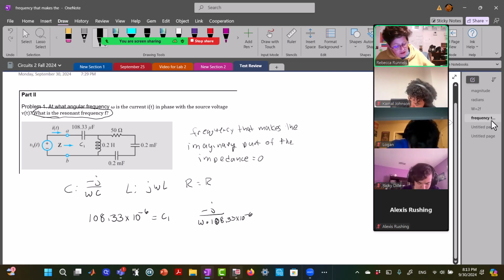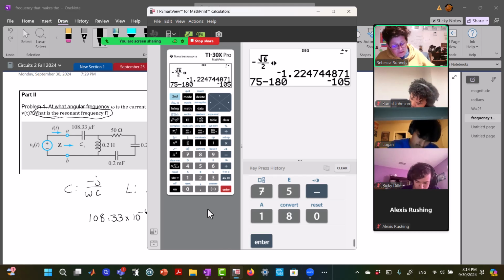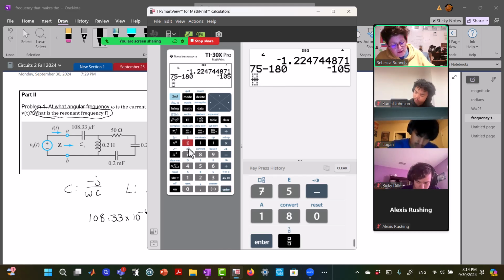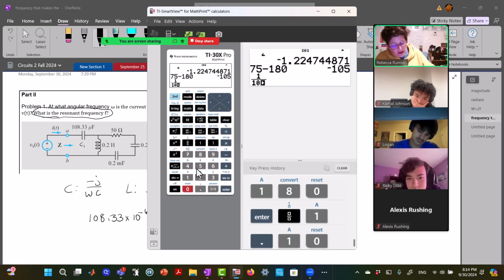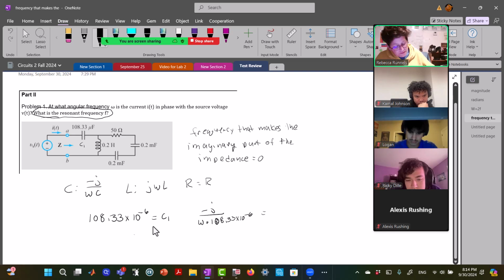To make it a little easier to work with, let's figure out what 1 over 108.33 is, and it's 0.00923 over omega. So that's the first one.